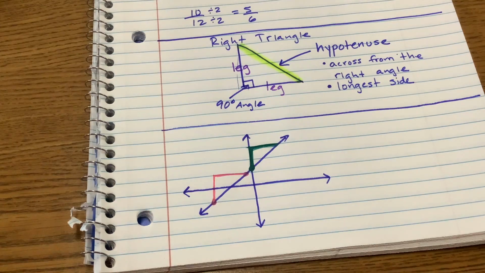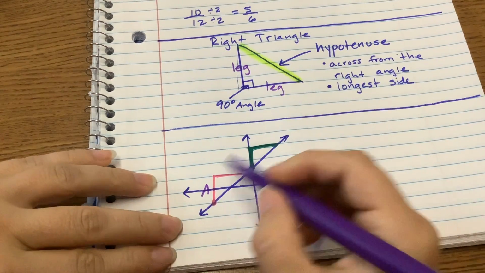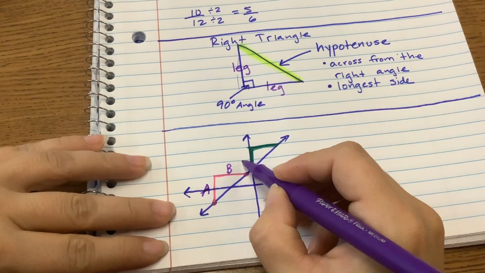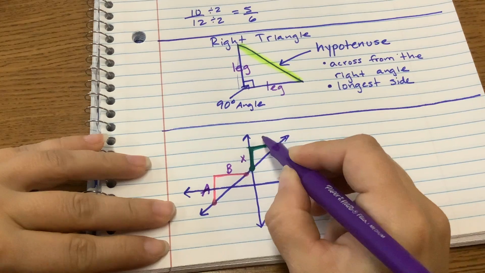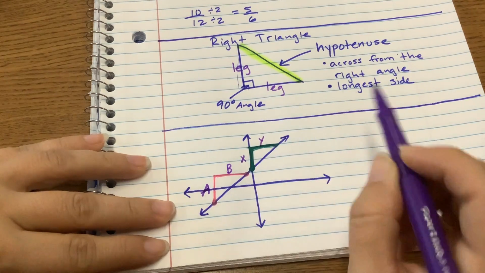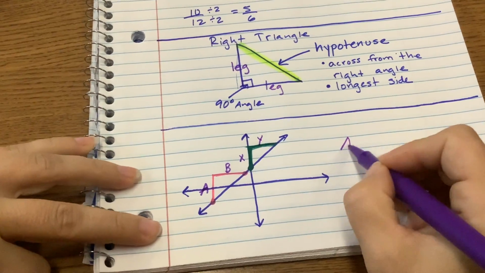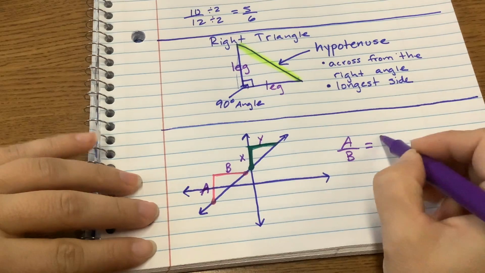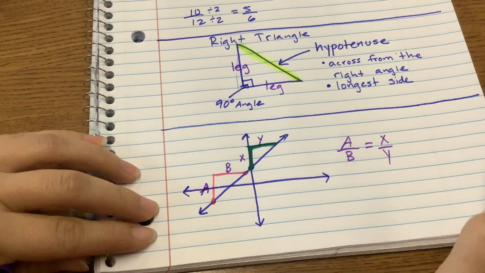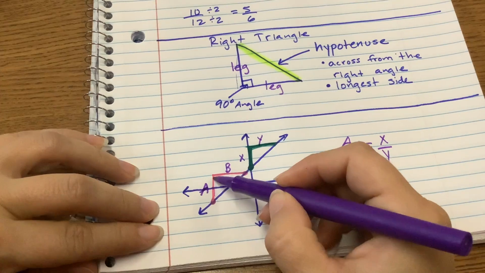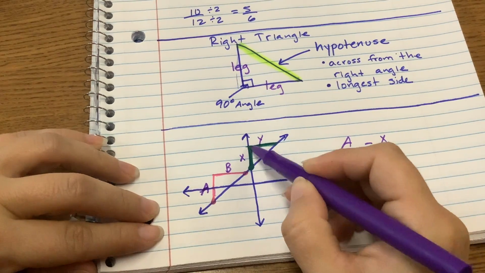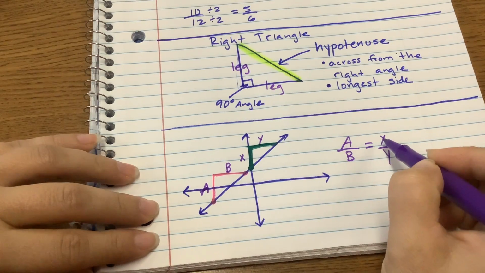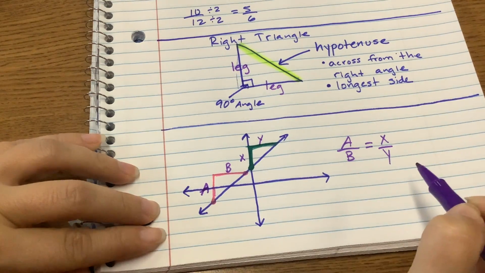If I were to label the rise here as A and the run as B, and this rise as X and this run as Y, then the statement A to B is equal to what? X to Y. Because A is the rise and B is the run, and X is the rise and Y is the run. So rise over run is equal to the other rise over the other run.